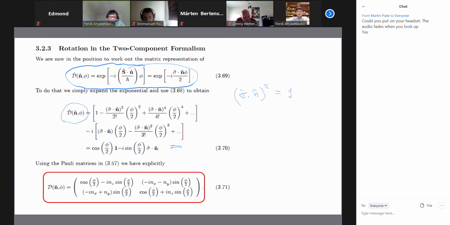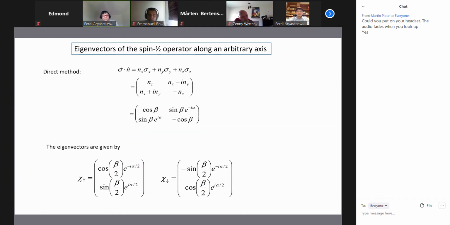Then it just means that we replace the sigma with Pauli matrices, and we get this explicit expression for the rotation operator in 2 dimensions. Yes. And then we apply this to figure out the eigenvectors of the spin half operator along an arbitrary axis.